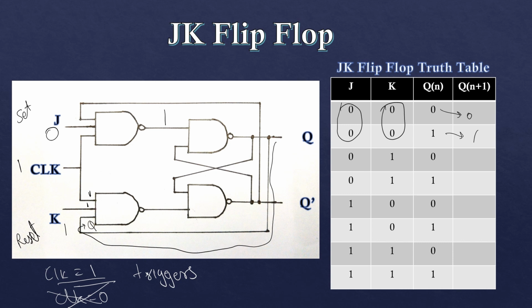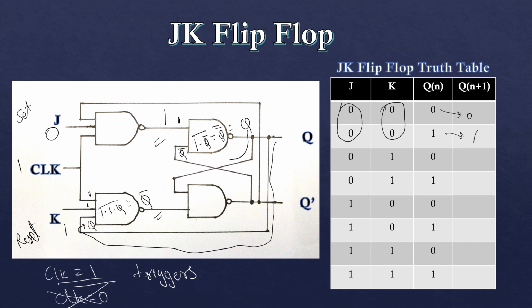So here it will be Q. So it will be 1 into Q and whole bar, which is Q bar. So here it is 1 and Q bar going into the RS latch. First we'll consider the 1 here, and this input will be Q bar. So 1 into Q bar whole bar is equal to Q bar double bar, which is equal to the Q value.